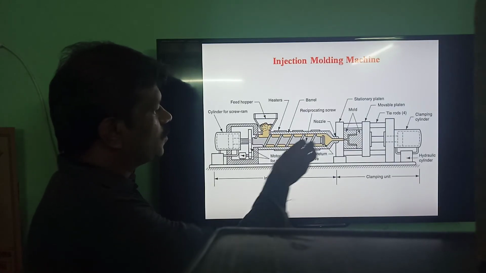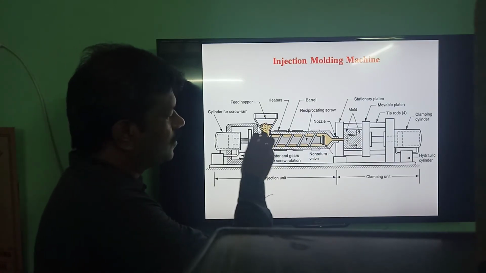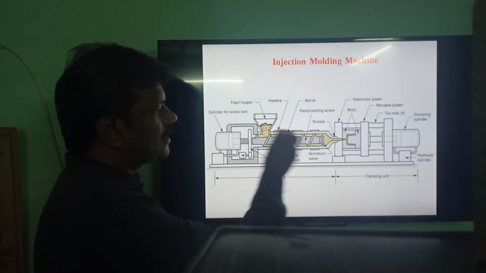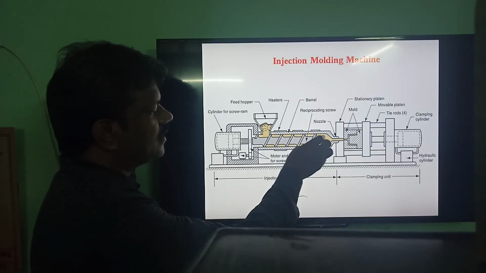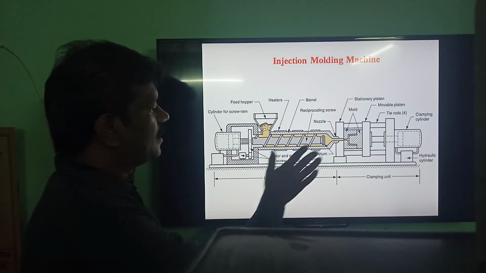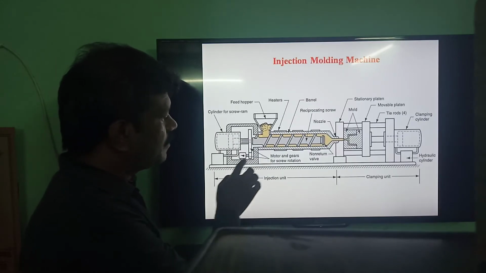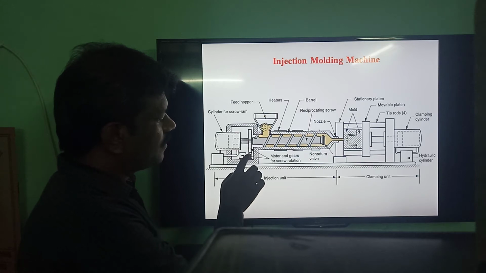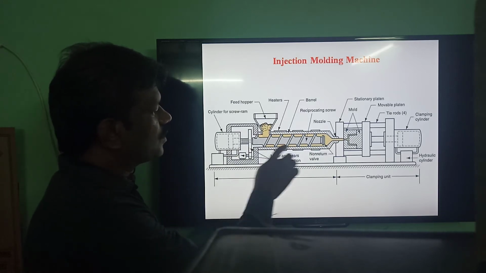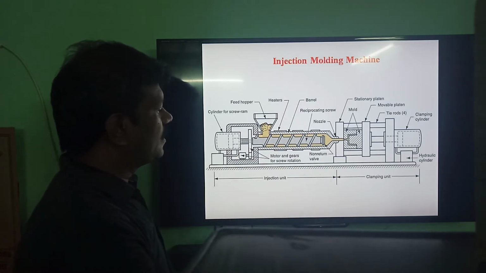To carry the molten plastic, we use a conveyor called a screw conveyor. The screw conveyor is operated by a motor. From the motor, the gear is operated, and the gear mounted on the screw will be rotating. Therefore, the screw conveyor starts rotating.